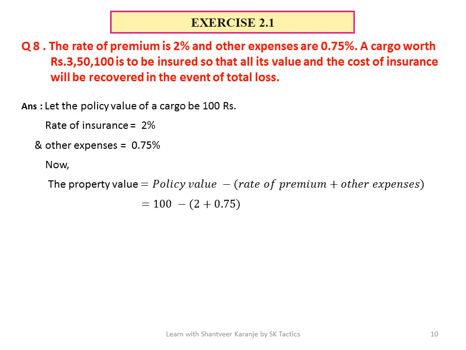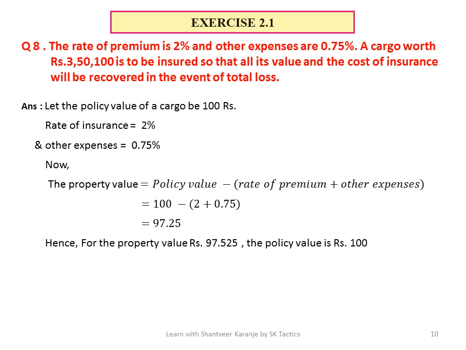Other expenses 0.75% means 0.75 rupees for policy value 100 rupees. By subtraction of all this, I get 97.25, which is the property value if the policy is of 100 rupees, along with these two clauses. Here is a mistake, I need to put 97.25, the extra 5 should be omitted.